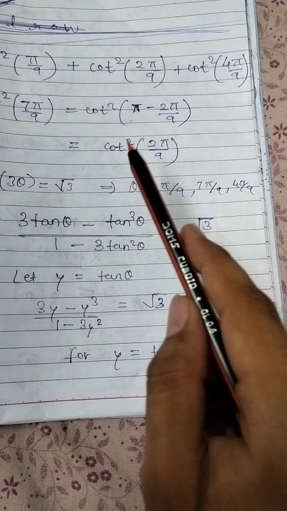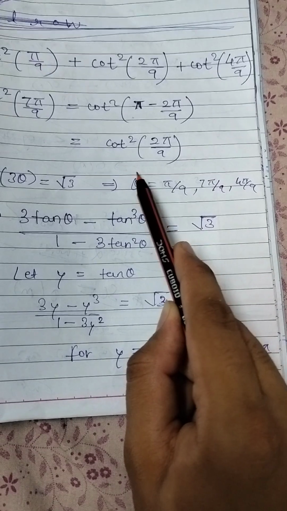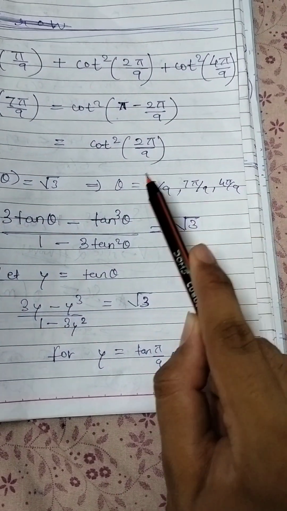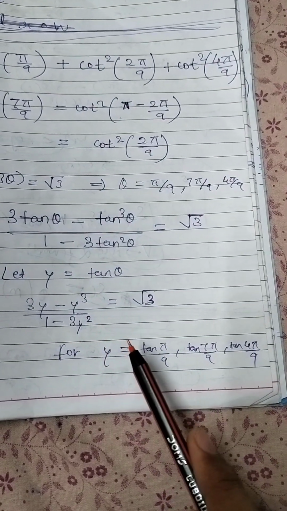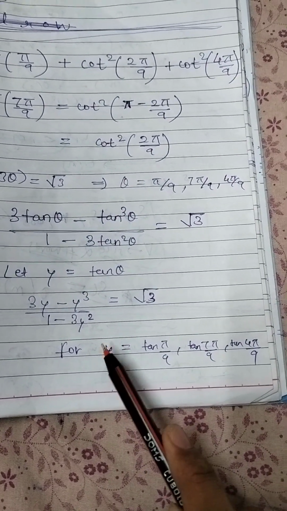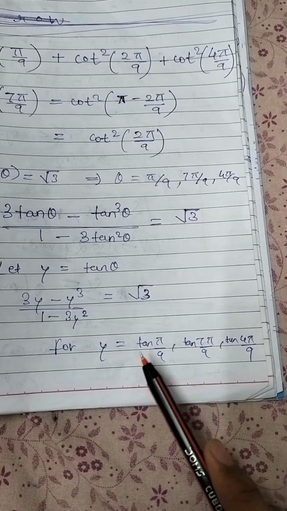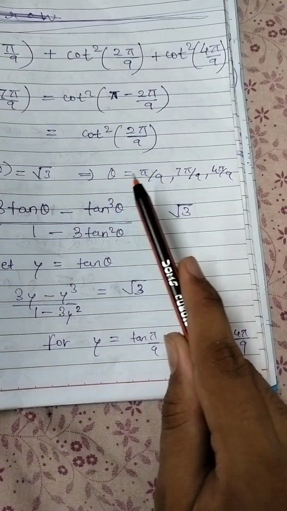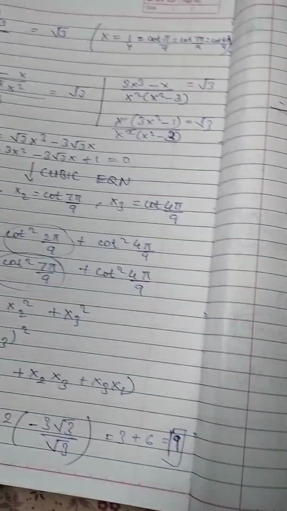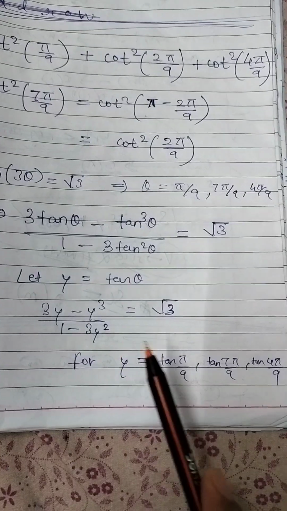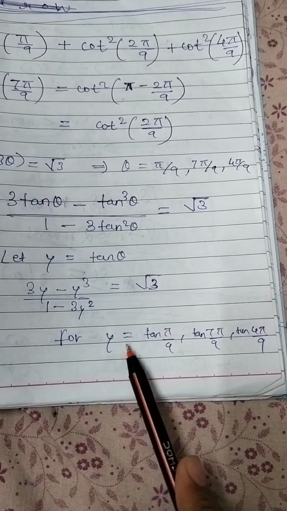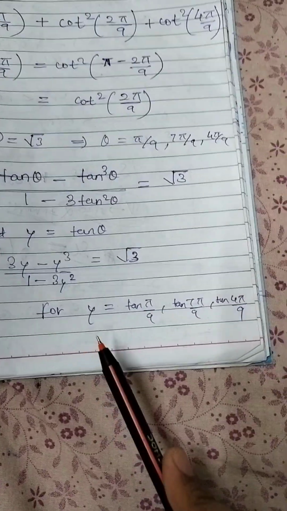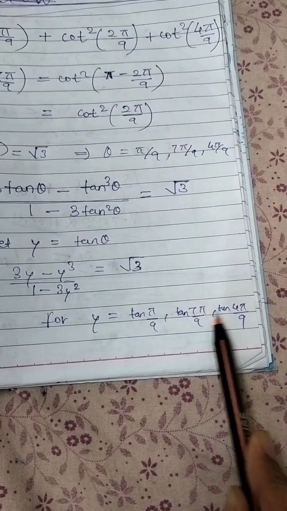If we take tan on the right hand side as well, tan of theta will become y, and we get tan of pi by 9, tan of 7 pi by 9, tan of 4 pi by 9. We have taken tan on both sides, right? So the solution of this equation is now y equal to this and this.